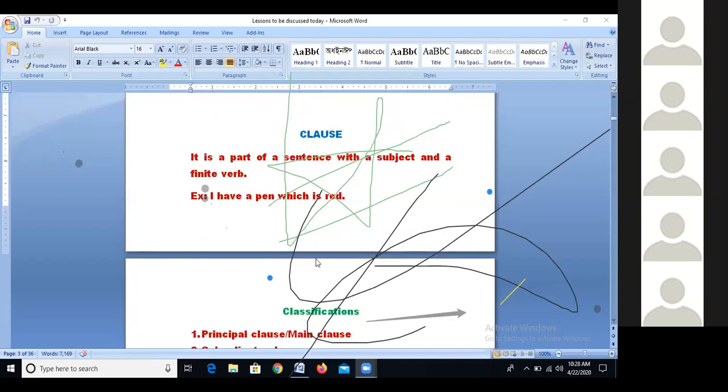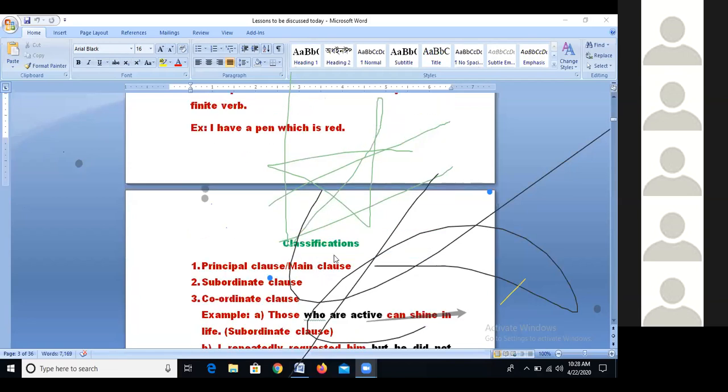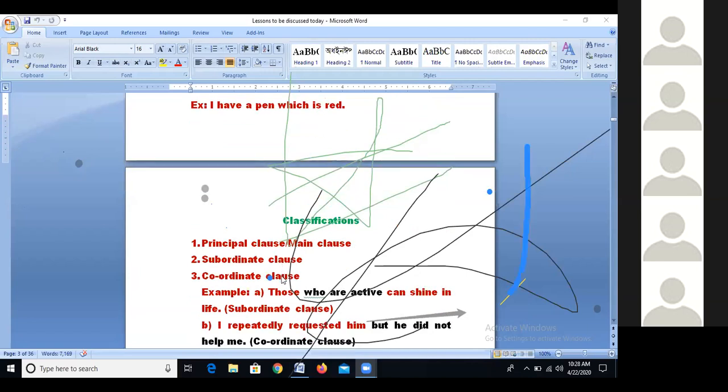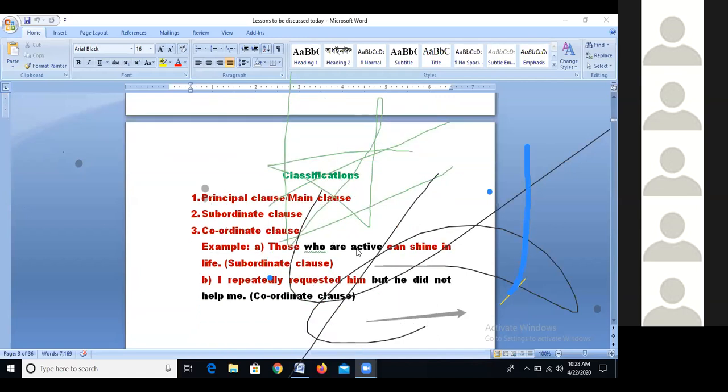Now, clause is basically divided into three kinds. Principal clause or main clause. It is also called independent clause. Then subordinate clause and coordinate clause.